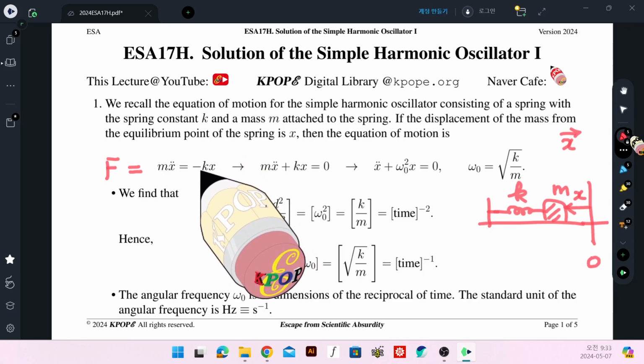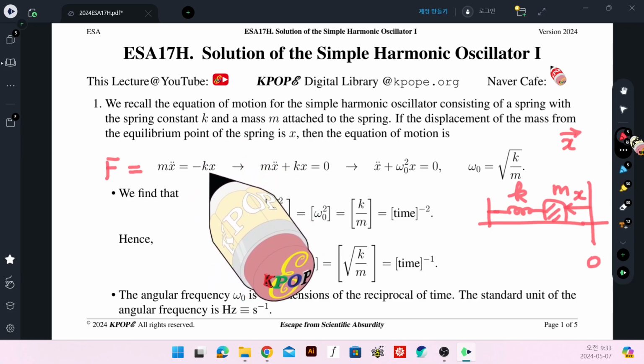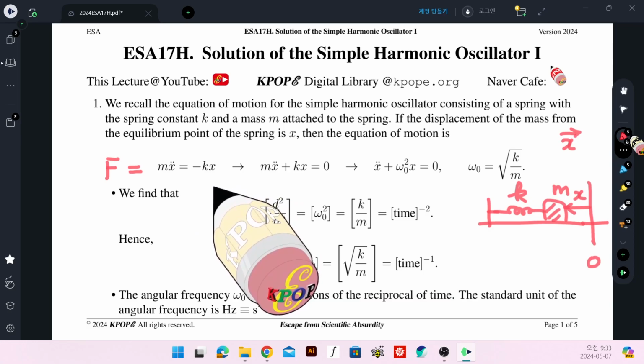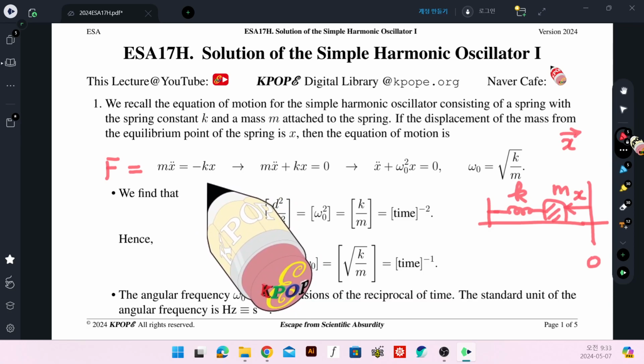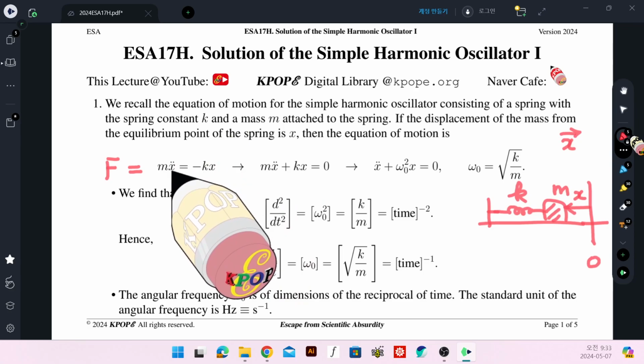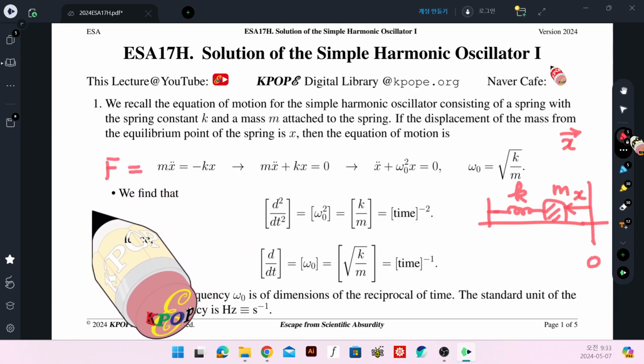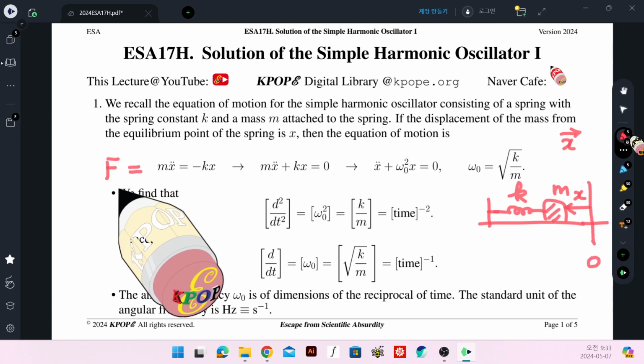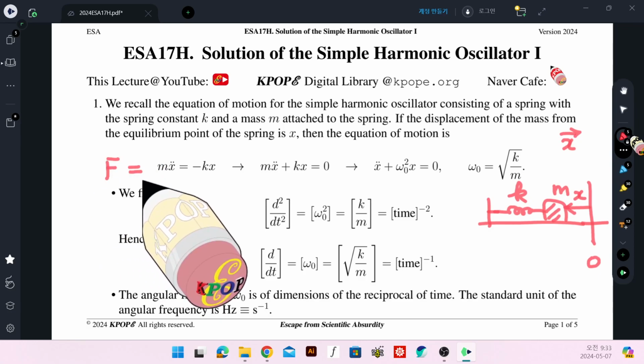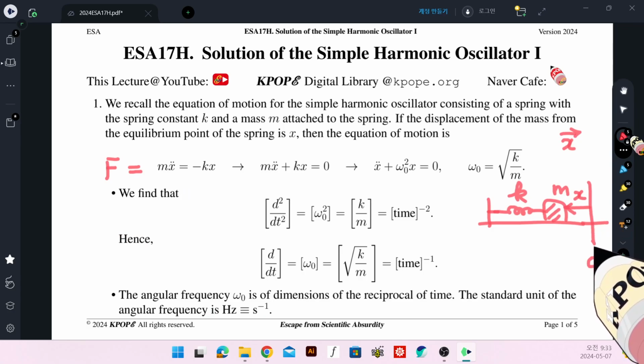So this minus kx is a negative value. Therefore, the restoring force, called Hooke's law, is opposite to the displacement of the particle from the equilibrium position.